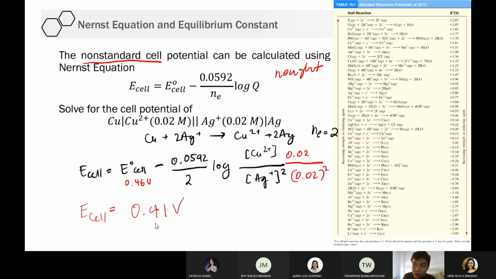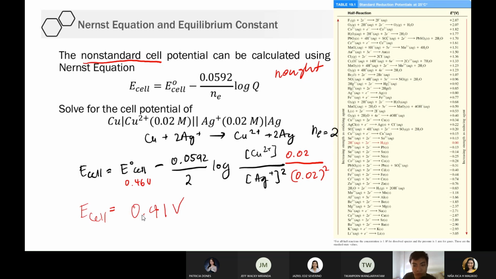By looking at the difference between the standard and the non-standard cell potential, they can calculate this. So what we did is get the E cell from the concentrations, but our instruments, especially the pH meter, solve for the E cell of the solution.